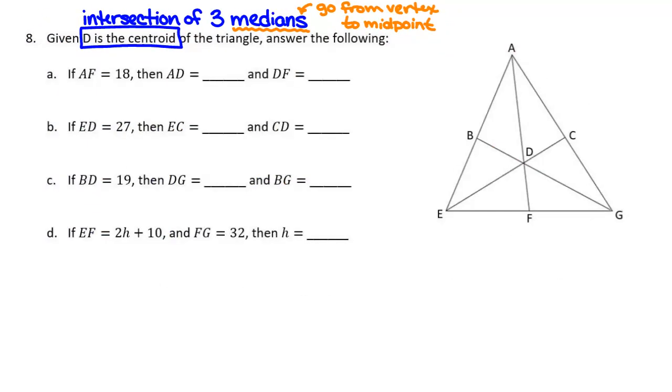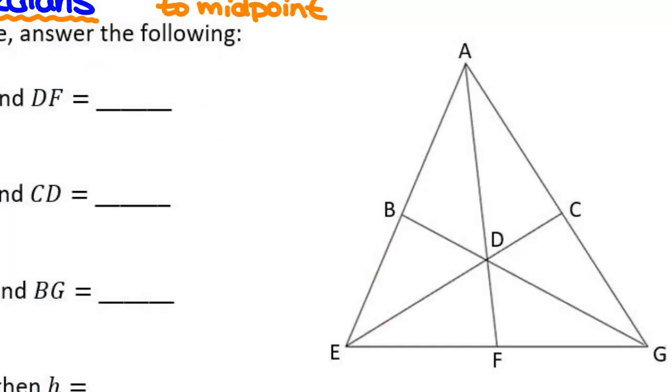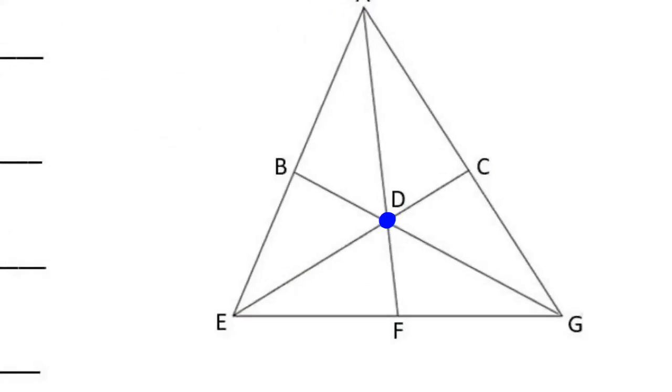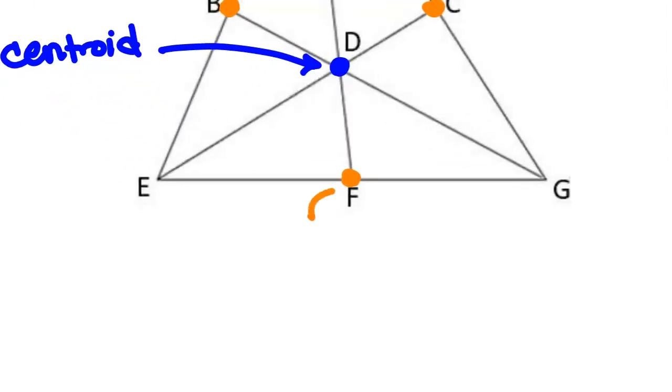So when it tells us that D, this point right here in the center, is a centroid, I immediately know what about points B, C, and F? They're midpoints, yes.